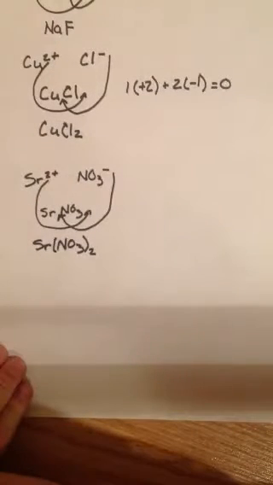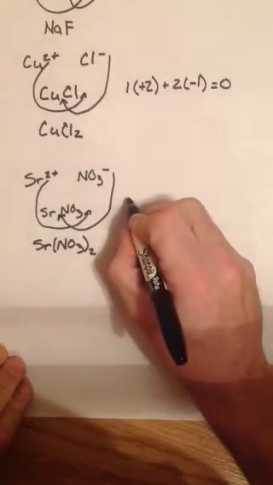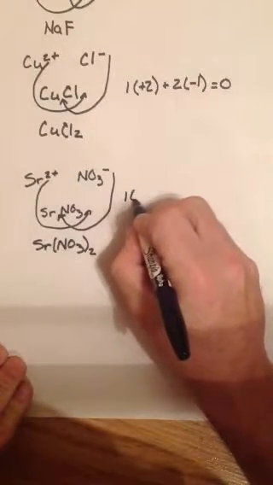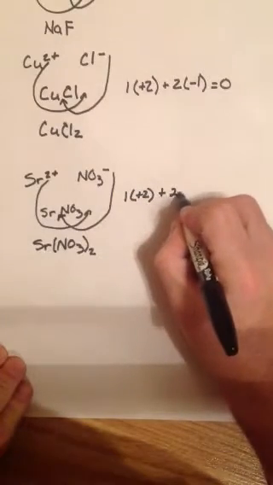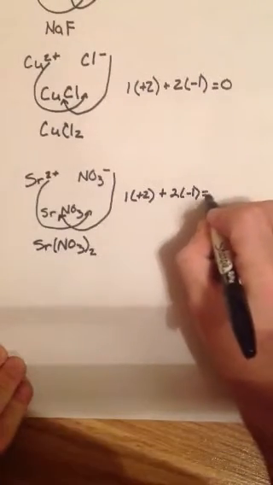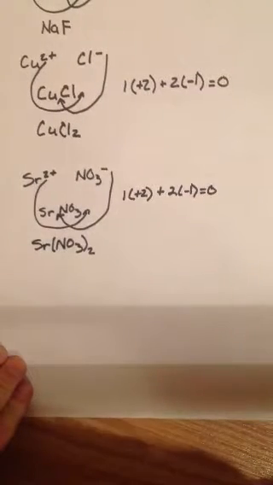So it becomes Sr(NO3)2. Again, I can check their charges. 1 strontium with a +2 charge, plus 2 nitrates, each with a -1 charge, adds up to be 0.